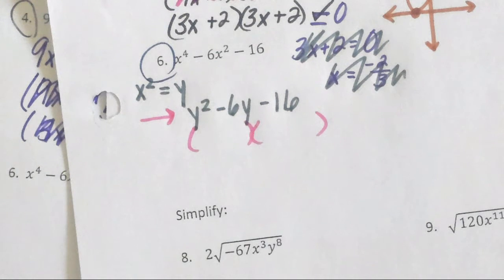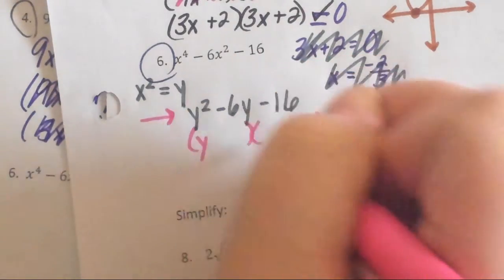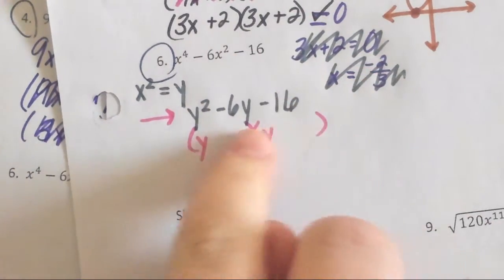Tell me about that leading coefficient. That's one of the vocab terms we're supposed to go over today, so you're really good at leading coefficient. The leading coefficient is a 1. So it's supposed to be an easy factor, so I know this is y, and this is y. I just need to know the other 2 numbers.